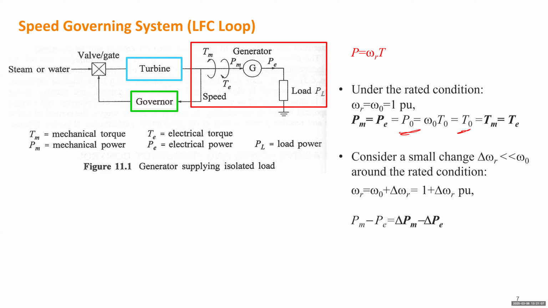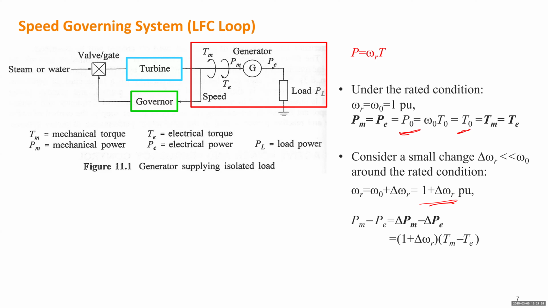But if we consider a very small change, delta omega r, which is much smaller than the synchronous frequency, then omega r will be 1 plus delta omega r. In this case, we consider the difference between the mechanical power and electric power, which is equal to the difference between their variations under the same frequency change.